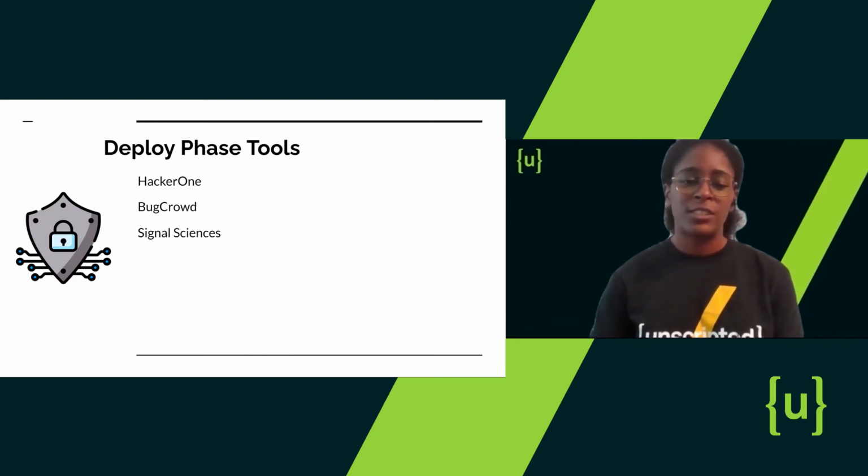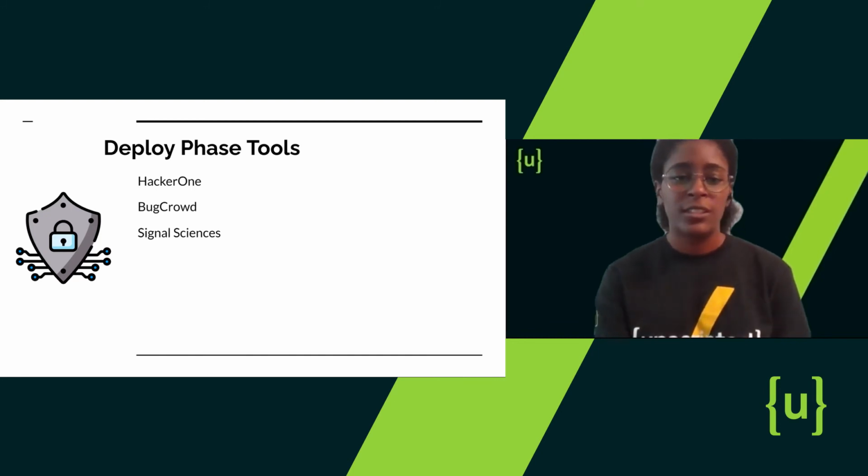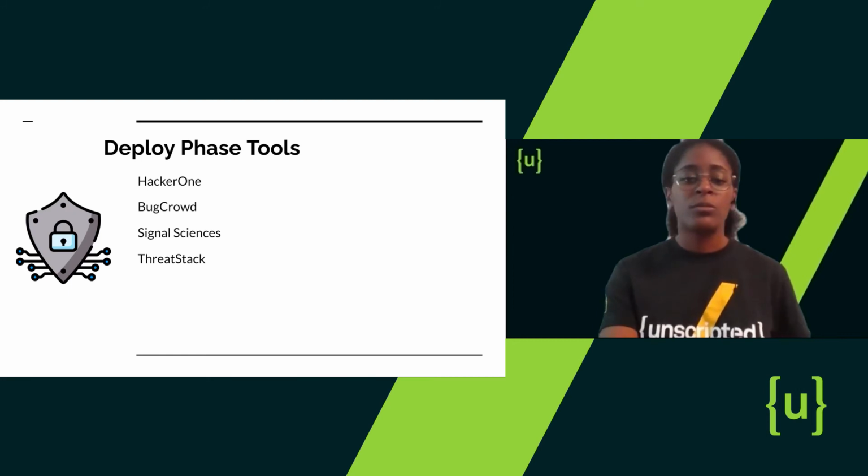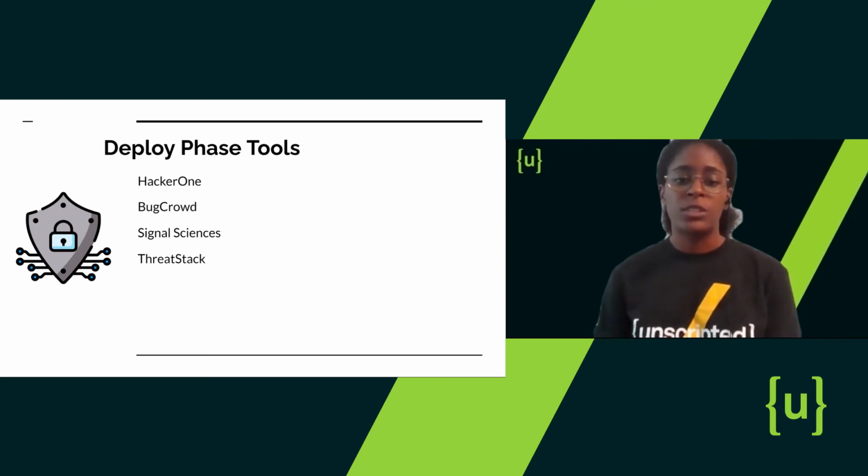But Signal Sciences is a company that's really well known for doing this kind of testing. And then there's ThreatStack, which is also well known. One of those companies could get you what you need. They'll go through and just hammer your application as hard as they can to find any little wiggle room to get in.